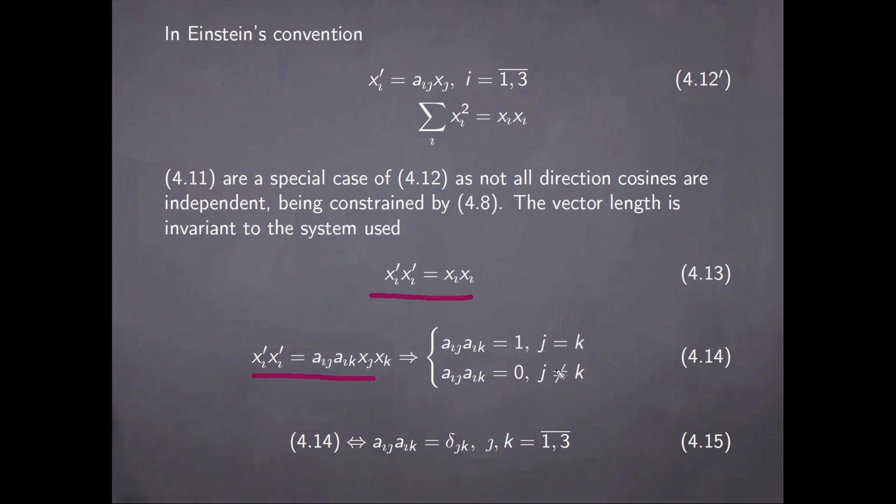And we can put these two conditions together once again by using the Kronecker delta symbol to obtain the condition here, which is the sum over the index i, and it must hold for any combination of coefficients j and k going from 1 to 3.